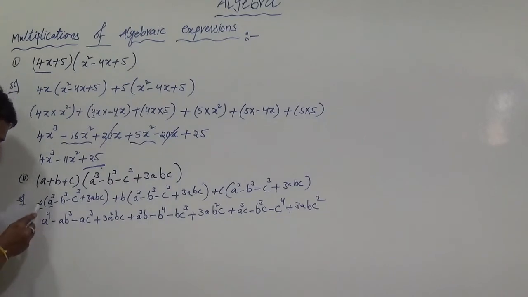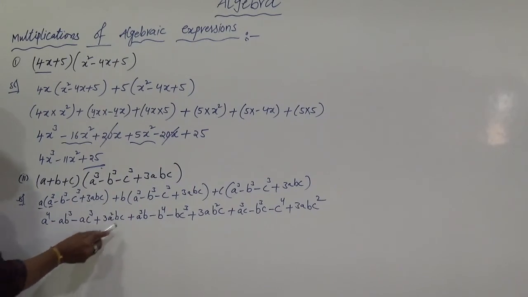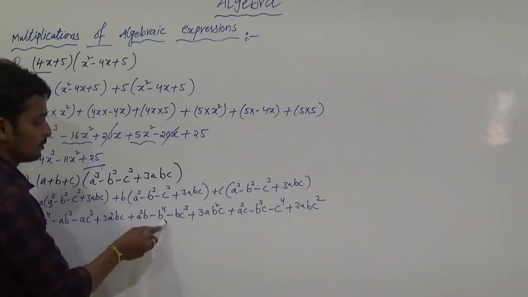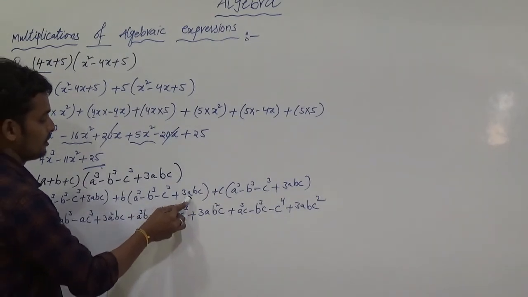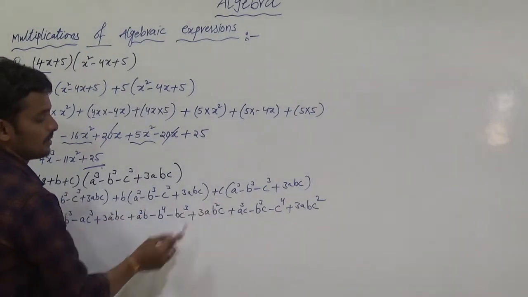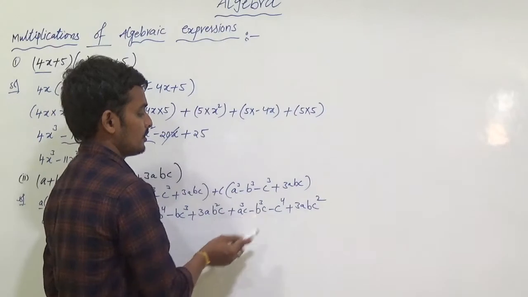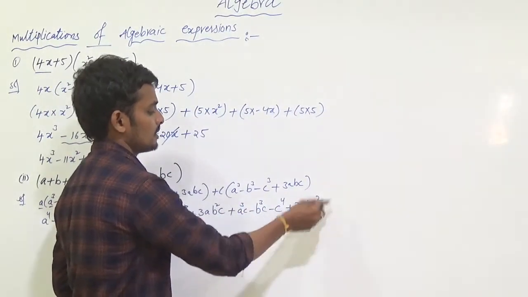Here I am explaining: a into a cube is a power 4, minus a into b cube is ab cube, minus a into c cube is ac cube, plus 3 a square bc, plus a cube b, minus b power 4, minus bc cube, plus 3 a b square c. Now a cube c, minus b cube c, minus c power 4, plus 3abc square.